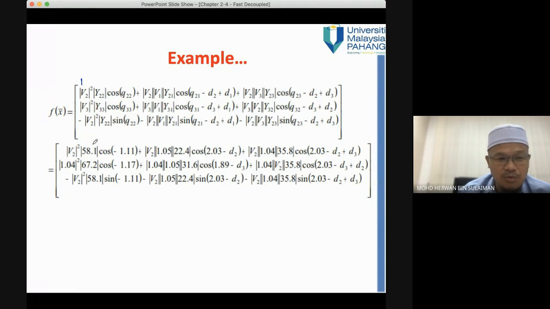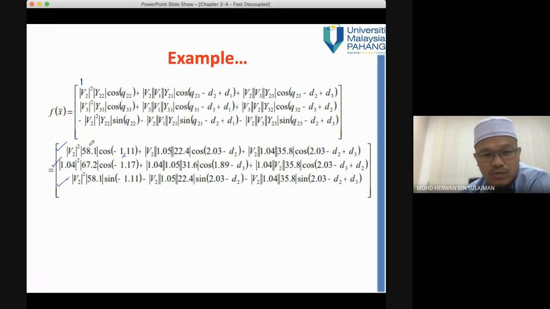Yang ni tulis 5.1. And then cos theta 2 ni start dengan berapa? Value dia lah. So yang ni dia pakai radian. Masuk balik value V2, V1, Y21, cos theta ni tolak theta 1 and so on so forth. So dia masukkan value ni untuk P2, ni P3, ni Q2.